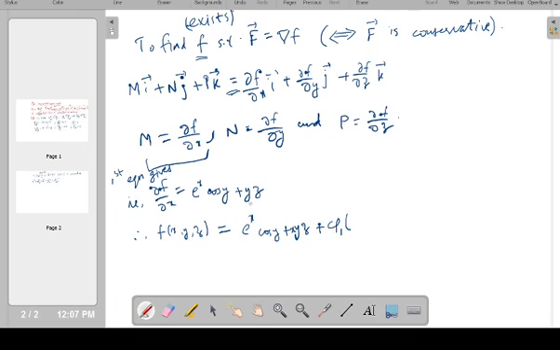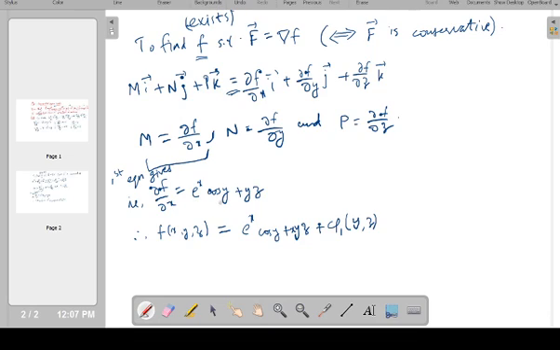If another person has fixed some other y and z in the domain of capital F, then his constant will be different from your constant. So that constant definitely will depend upon y and z, but it will be independent of x, for sure, because you are integrating with respect to x.